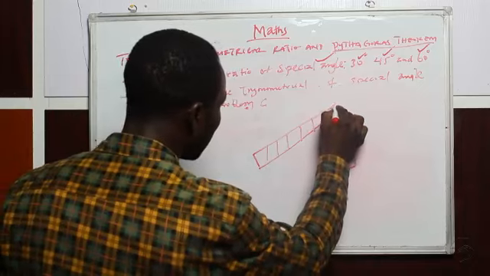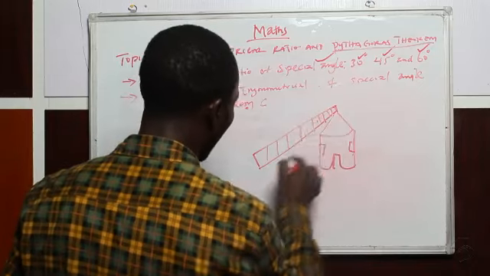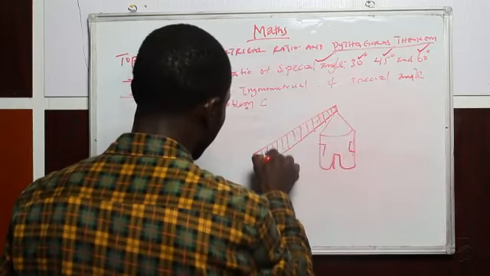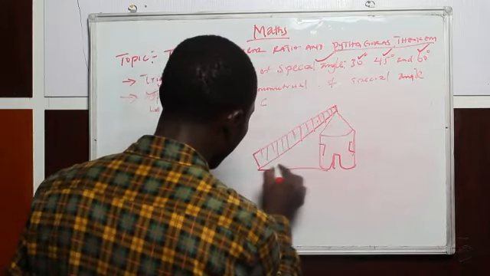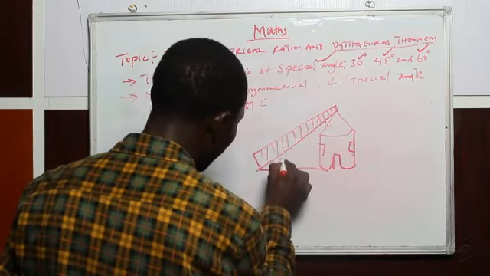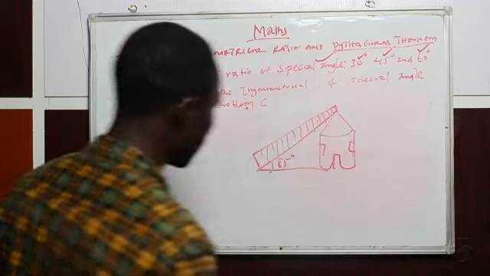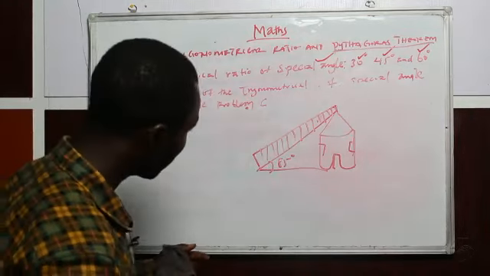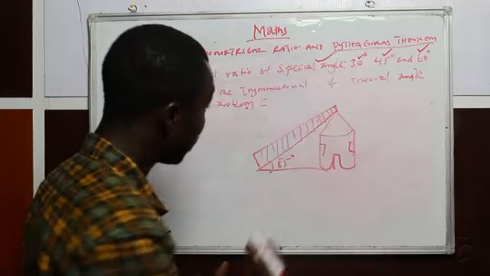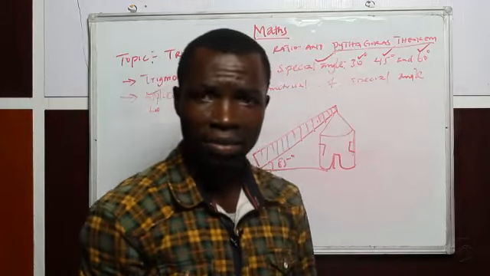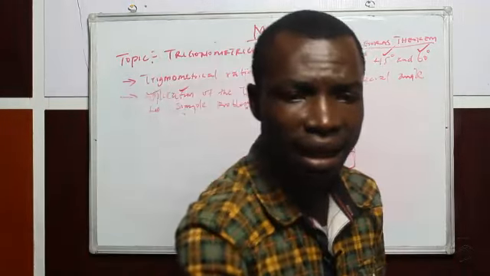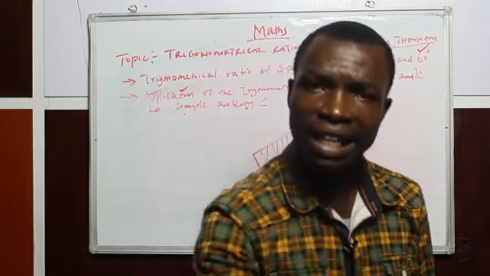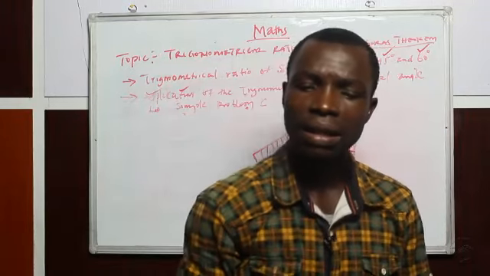It leans on this wall. We have it at this angle of 85 degrees. This is the house and a ladder is leaning. But an instruction that came was just that this ladder is not safe to be used.